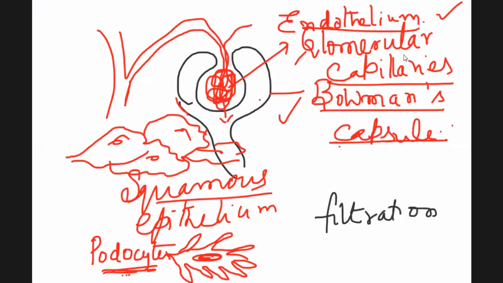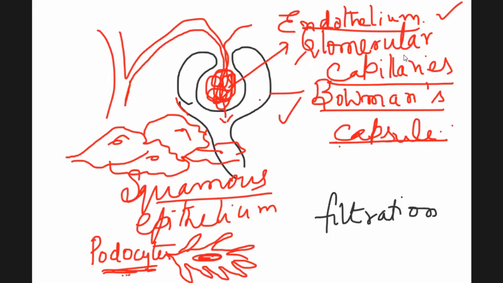In the alveoli it allows quick diffusion of gases. It's a thin lining which facilitates fast diffusion, and at the blood vessels it allows fast filtration of nutrients as well as diffusion of gases to tissues.